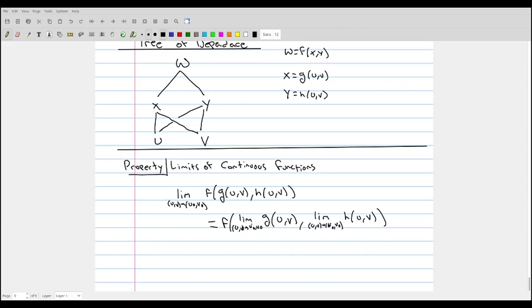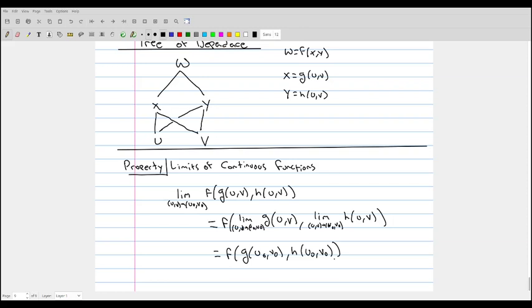Which, if g and h are both continuous functions as well, is the same thing as f of g of u naught v naught, h of u naught v naught. So if you have a composition of continuous functions, you can bring the limit inside as you take the limit. This is a very useful computational property that we see a lot, and we're going to use a lot when we're evaluating limits.